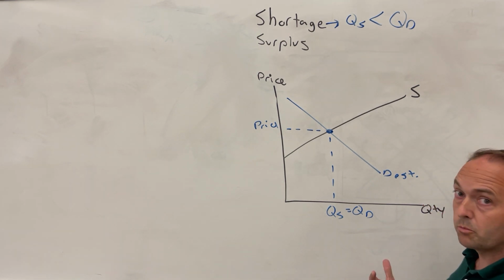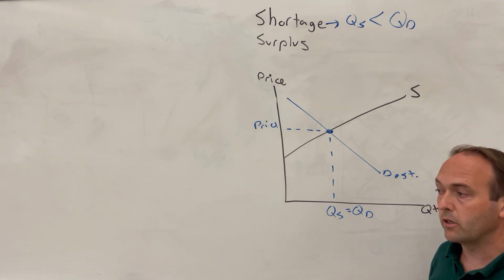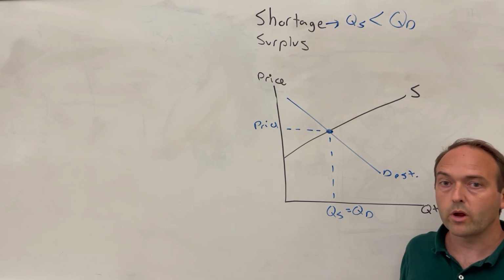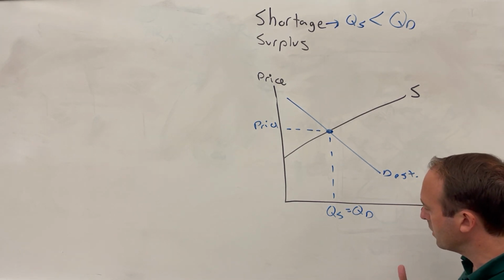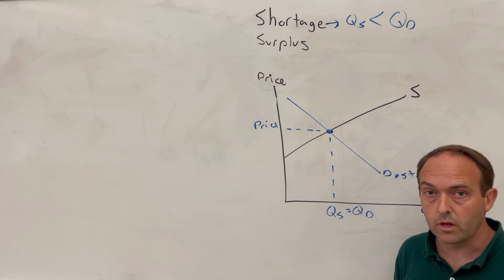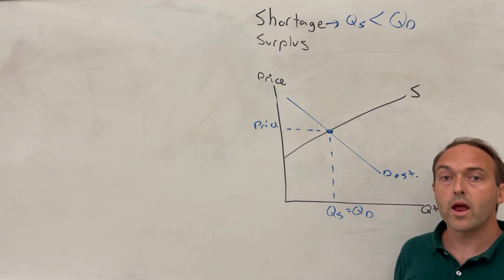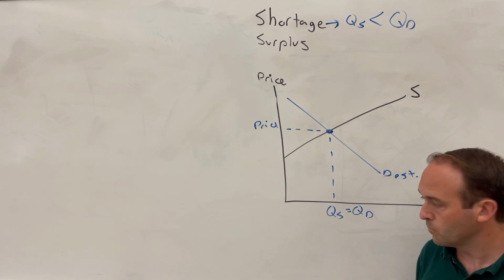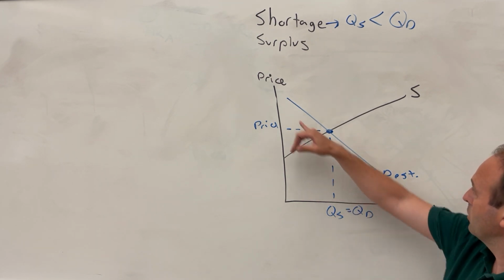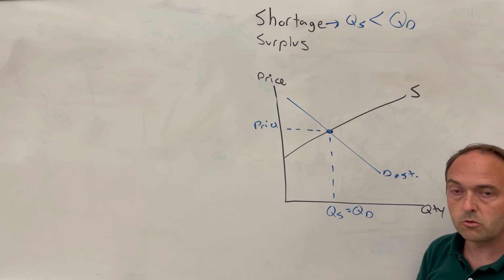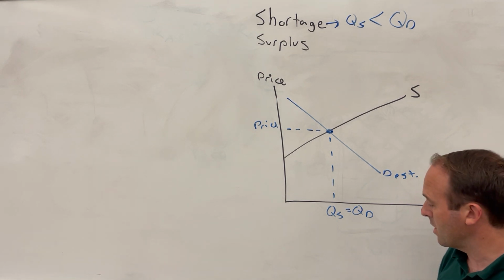But in this particular instance, we're talking about a shortage, right? So what can create a shortage? The biggest thing, the most common thing that causes shortages is when firms underestimate the demand for their product. So this blue line here for demand represents the estimated demand.